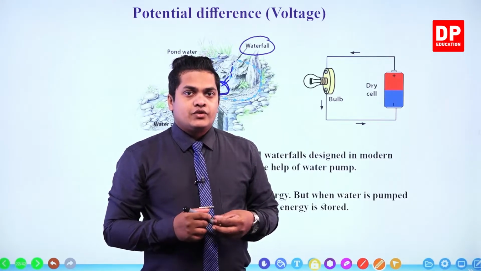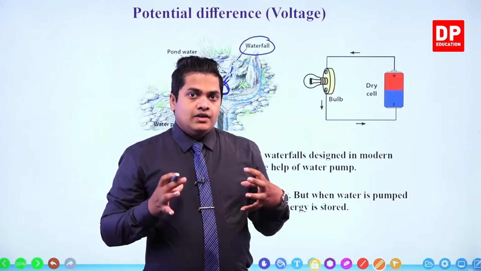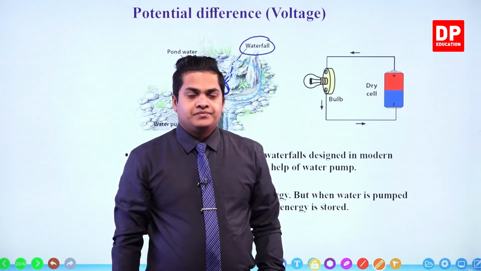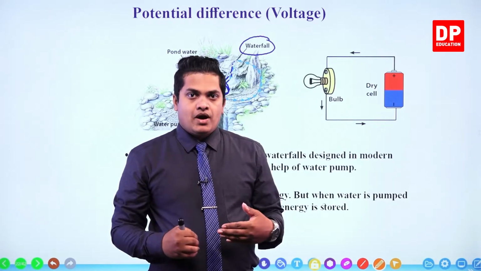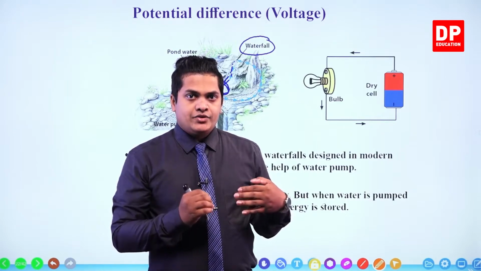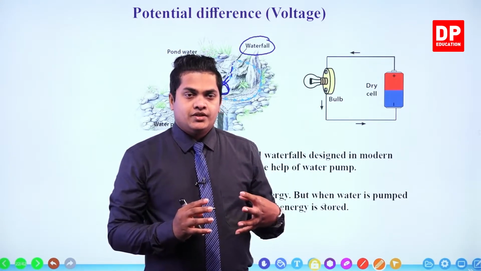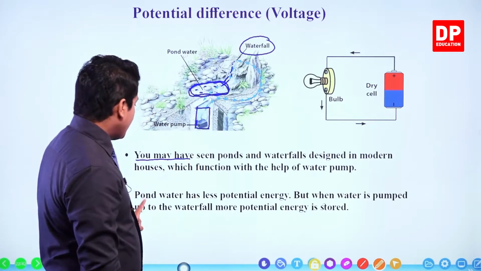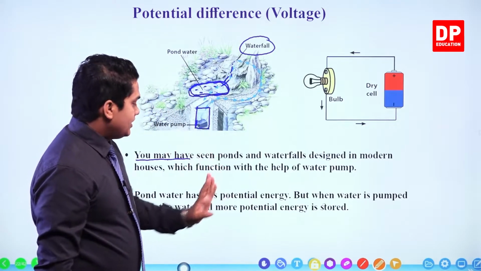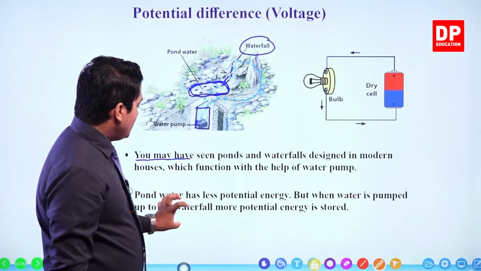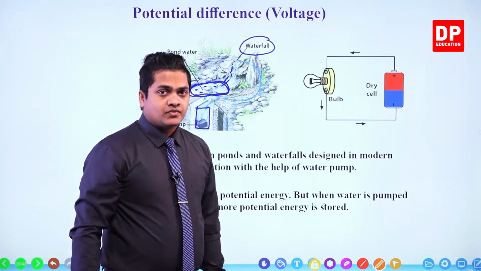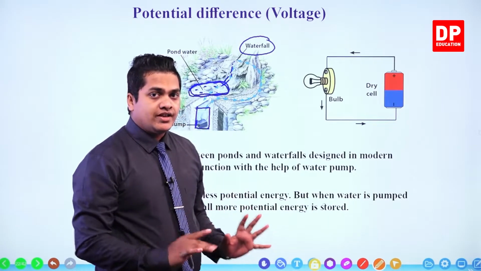If you want to increase the potential energy of this water, you have to take it to some height. So by using the water pump, we are taking that water to a certain height to increase the potential energy. Pond water has less potential energy, but when water is pumped up to the waterfall, more potential energy is stored.